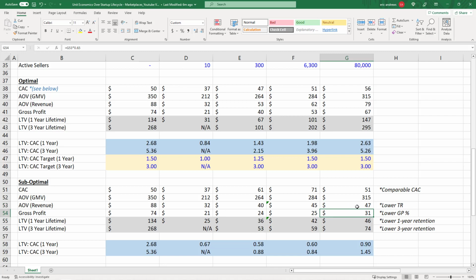The gross profit margin is not as high as it should be for a software business. Software business should have 70, 80% plus gross profit margins. And then their customer retention is worse here. So here you see the LTV is only $46, and on a 3-year basis, it's only $74. So finally, on a 3-year basis, we make back our CAC, but we're still barely making money.